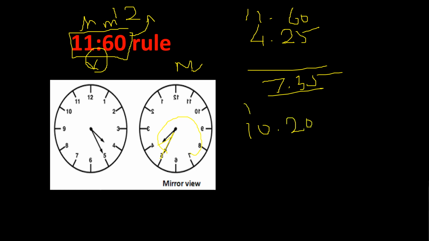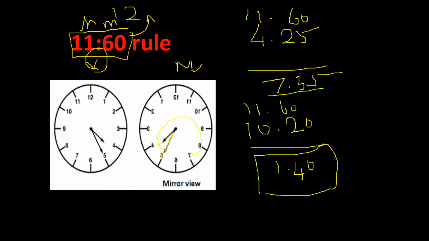I subtract it from 11:60 and I get 1:40 as the answer. So this 1:40 will be the time in the real time clock. This is how you have to apply the 11:60 rule. By applying this rule, you can get the answer in less than 1 minute.